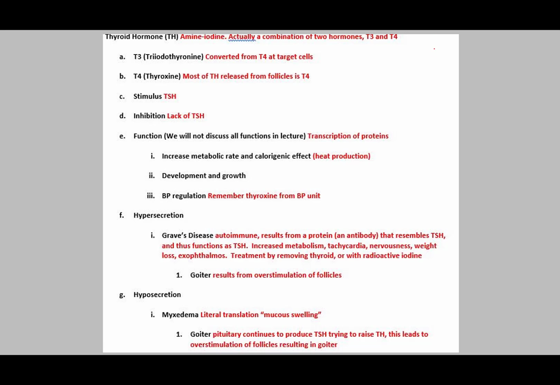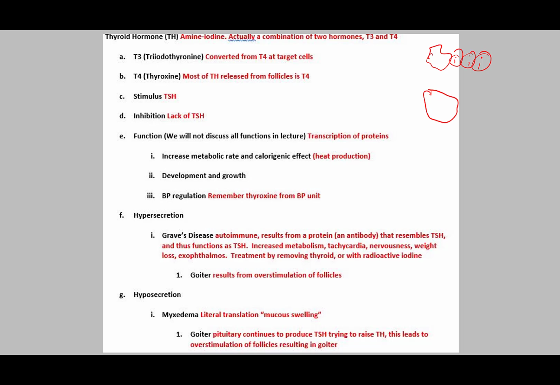Here, if it's T3, it's going to be an amino acid-based hormone that's got 1, 2, 3 iodines attached to it. It does not look like that. That's just me showing you that it's got 3 iodines attached to it.